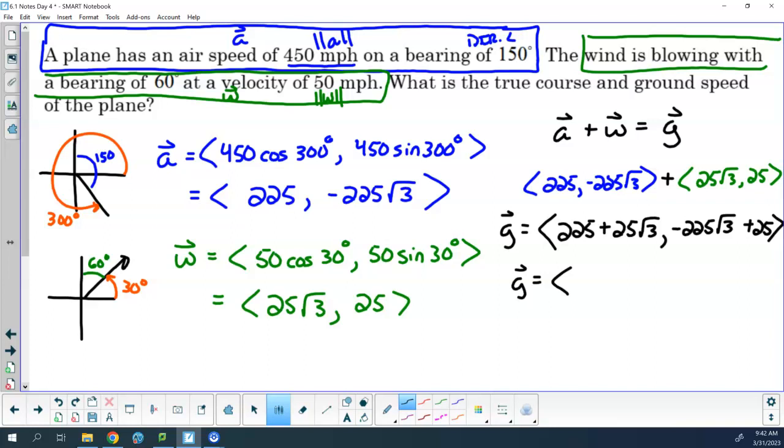The y, the vertical component, is negative 225 square roots of 3 plus 25.